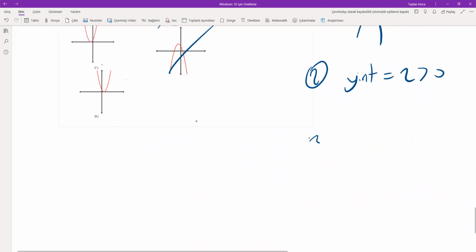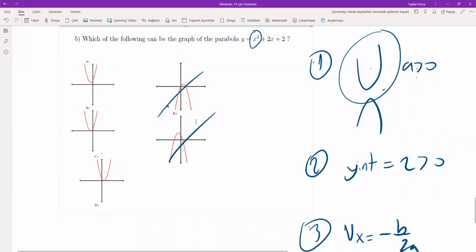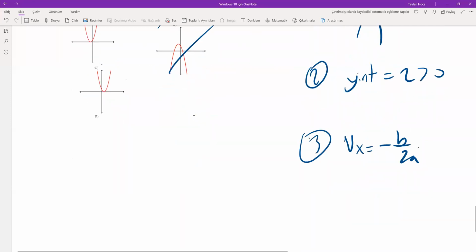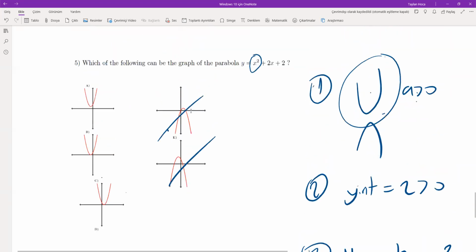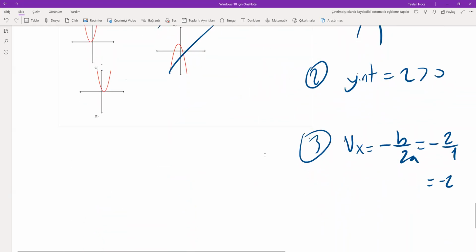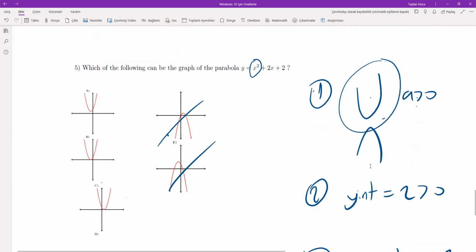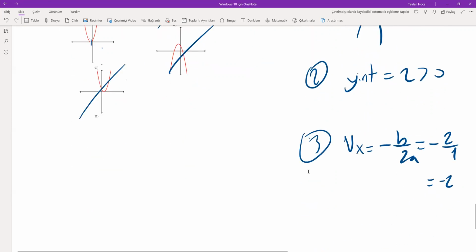Third, the vertex x, negative b over 2a. So the x coordinate of the vertex is negative 2 over 1, negative 2. Hence, the x coordinate of the vertex must be on the left. This one goes, because here the vertex x is negative, and here too. Know the x coordinate of the vertex.